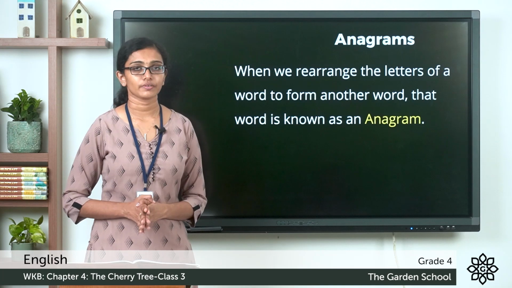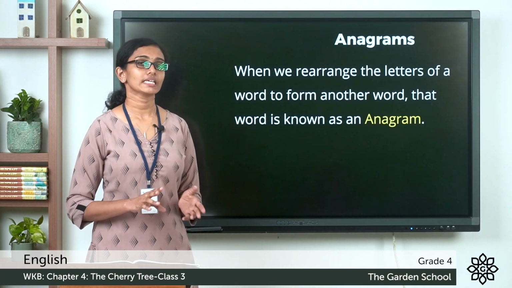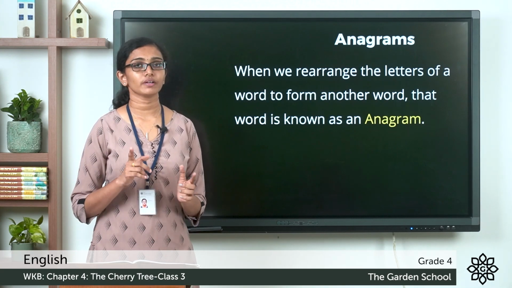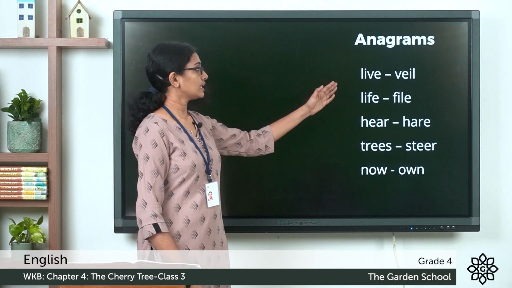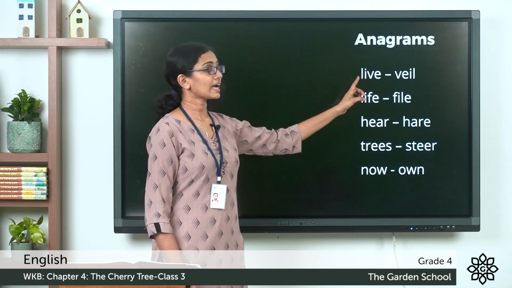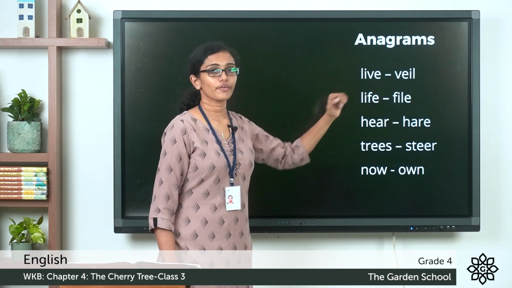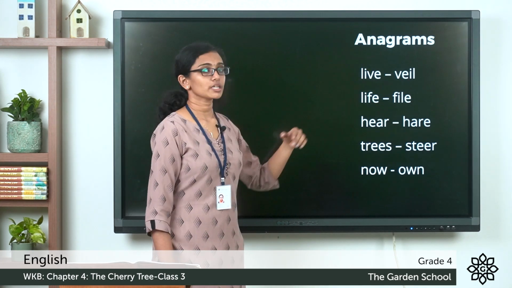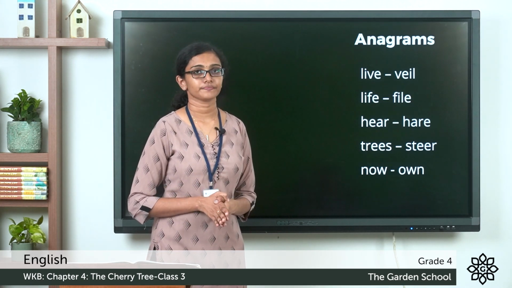What do you mean by anagrams? Anagrams are words which are formed by rearranging the letters of a given word. See these examples here. Live, you have the letters L-I-V-E and these letters are rearranged to form the word veil. The same set of letters arranged differently, but it has a meaning.